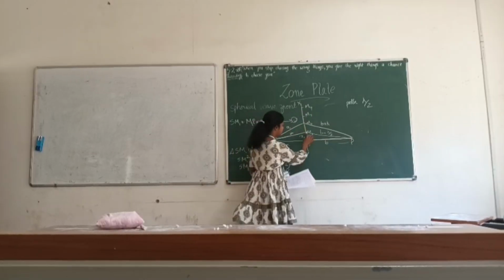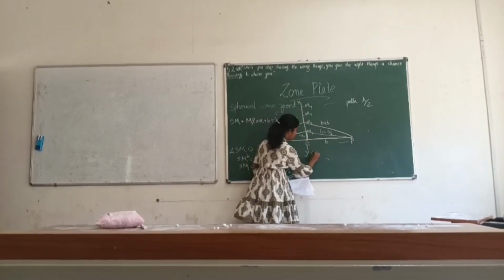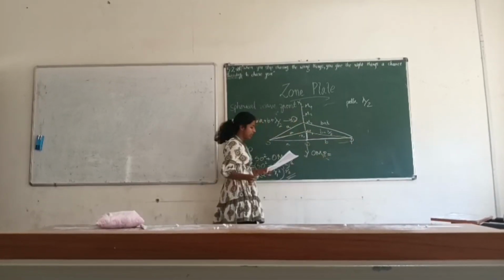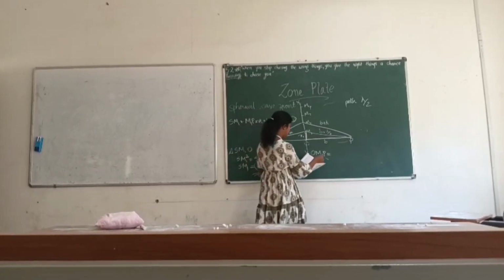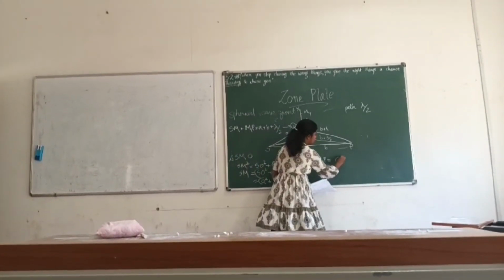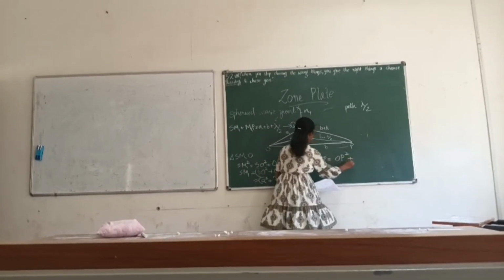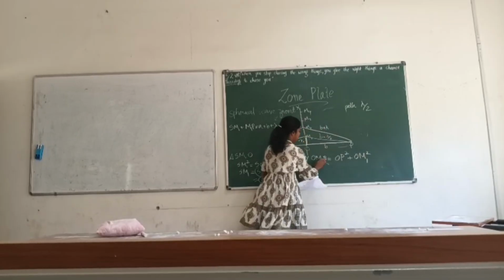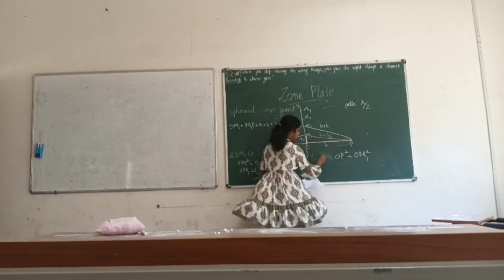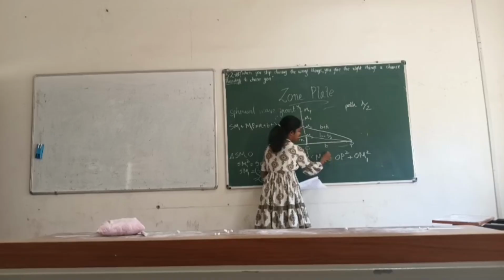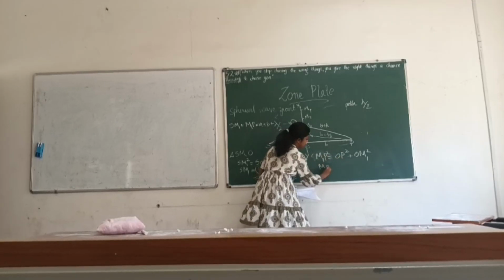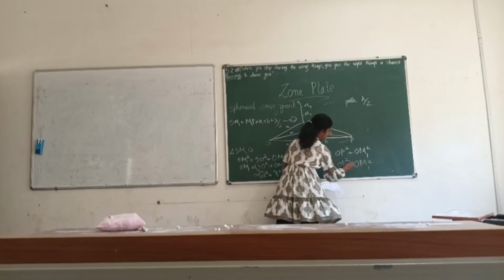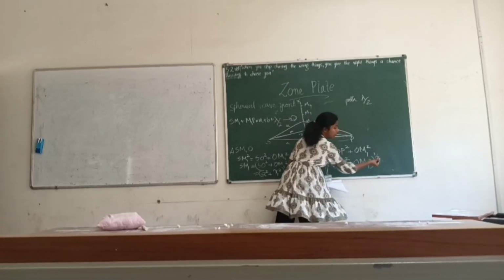Next we find the other side of the triangle in the same way. The triangle is OM1P. Similarly, M1P is equal to (OP square plus OM1 square) raised to 1 by 2.